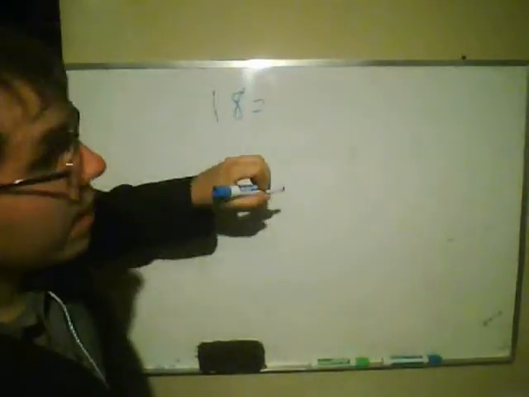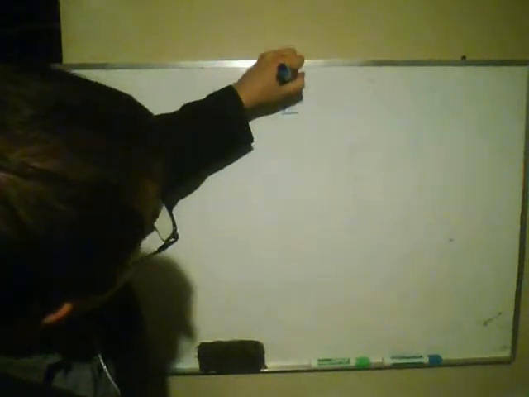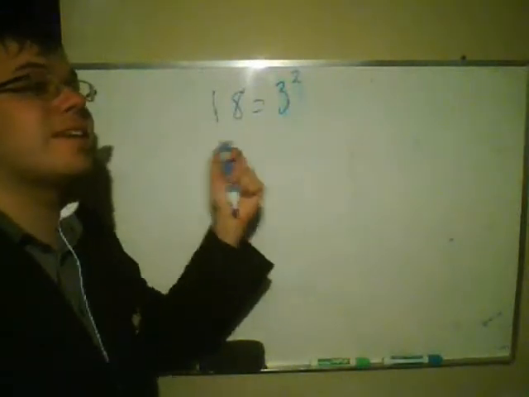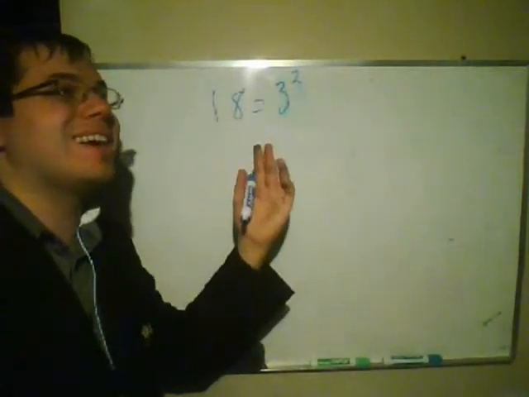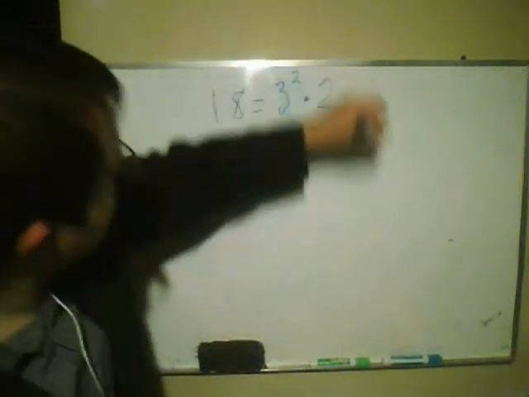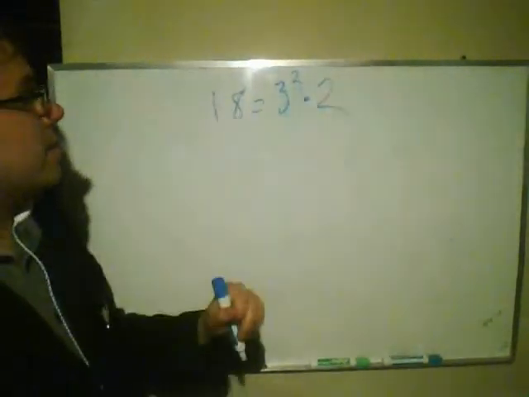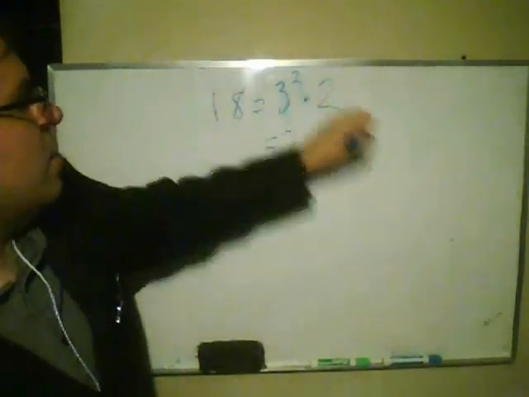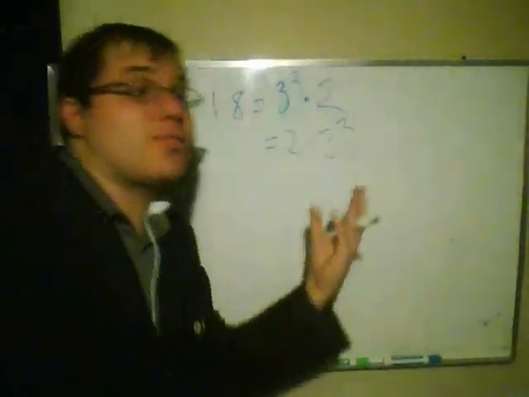You know 18, as we described, is 3 to the power of 2, sorry, 3 squared, and I may have made an arithmetic error earlier, so I apologize. Times 2 gives you 18. And just for the sake of ordering, note that this is unique based on the unique factorization theorem.